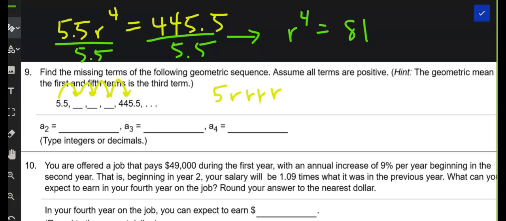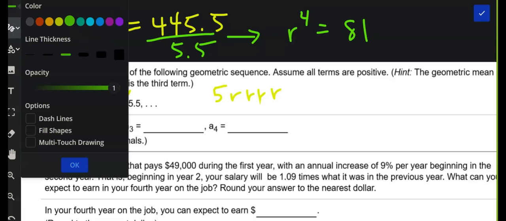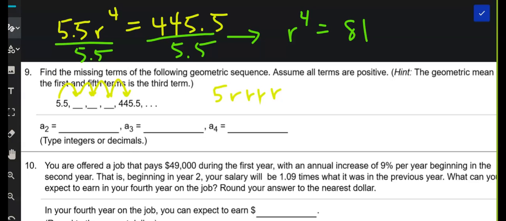Is anybody having a problem getting rid of the 4th power? I had some people that had calculator issues this morning, and I want to make sure you guys are okay with that. Is anybody not able to find the 4th root of 81? Because it looked like you guys were doing pretty good, but I want to make sure that you guys can all find the 4th root of 81, because the multiplier here was a 3.